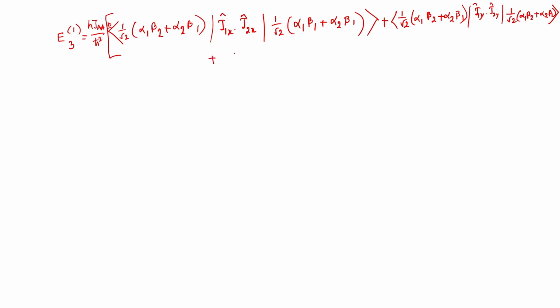then 1 by root 2 alpha 1 beta 2 plus alpha 2 beta 1. Then we have 1 by root 2 alpha 1 beta 2 plus alpha 2 beta 1, I1z I2z, 1 by root 2 alpha 1 beta 2 plus alpha 2 beta 1.